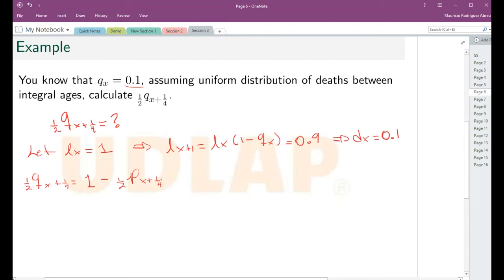Because I want to get rid of this fractional age that I have here. And this is 1 subtracting Lx plus 3/4 over Lx plus 1/4, right? Here I'm just using the general expression for the probability of surviving.